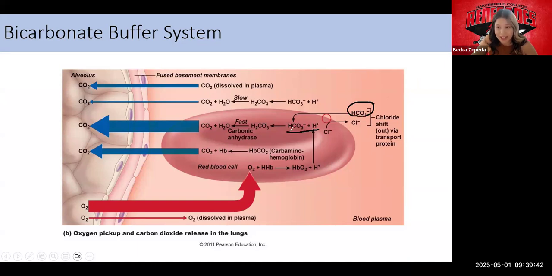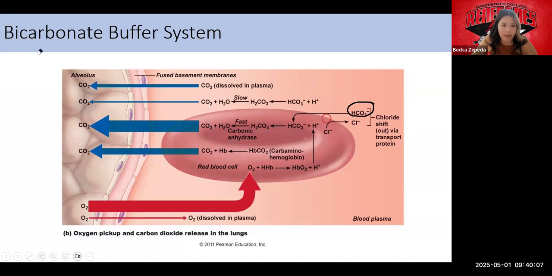Hydrogen ions combine with bicarbonate ions to make carbonic acid. That carbonic acid is then converted with the use of carbonic anhydrase, the enzyme that facilitates this reaction, into CO2 and water, and then we can release that CO2.